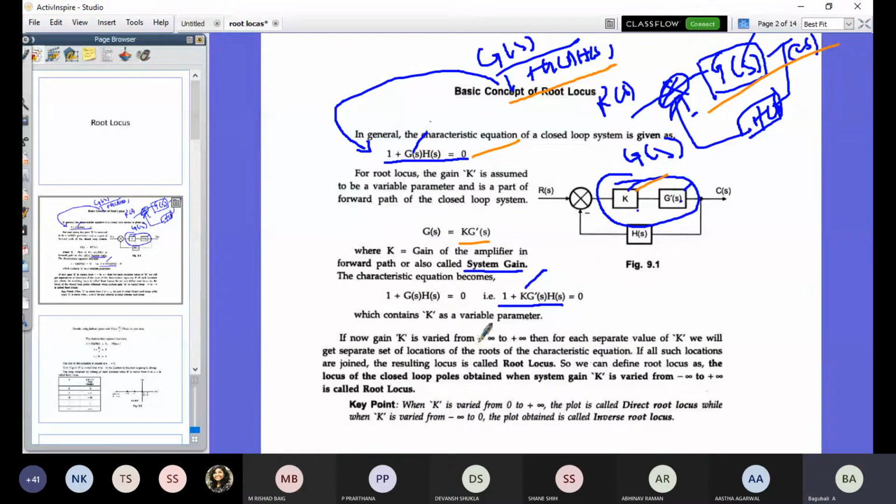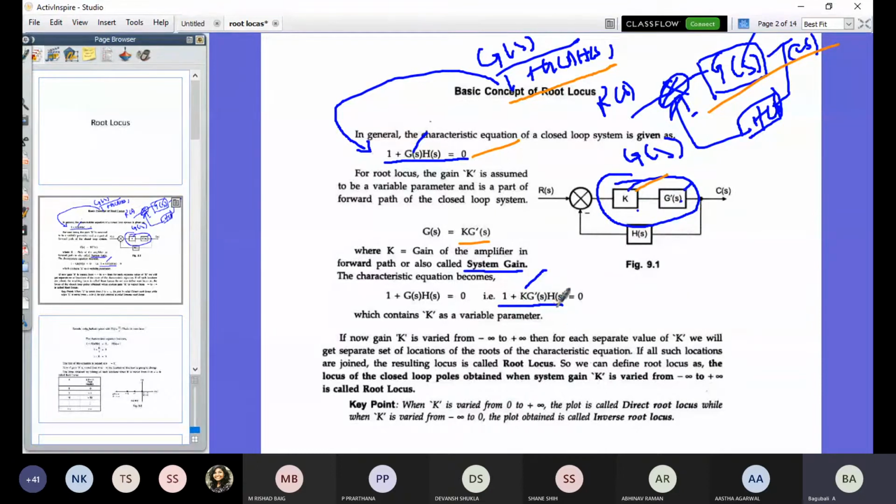Now we vary the value of K from minus infinity to plus infinity. For each separate value of K we get separate locations of the roots of the characteristic equation. If all such locations are joined, the resulting plot is called the root locus plot. Any doubt in that?